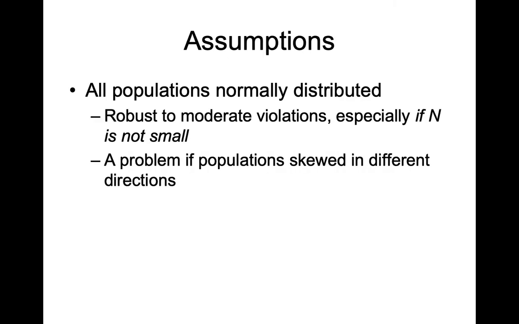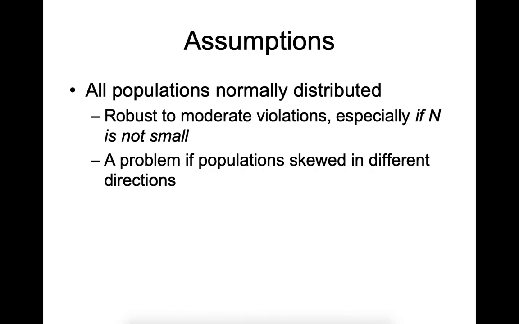All right. So let's just end with talking about some of the assumptions of analysis of variance. I've been speaking to them this whole time, but let's just make it explicit. The main assumption is that all populations are normally distributed. If we had reason to know that populations would not be normally distributed, this isn't necessarily going to mess up conducting an analysis of variance.